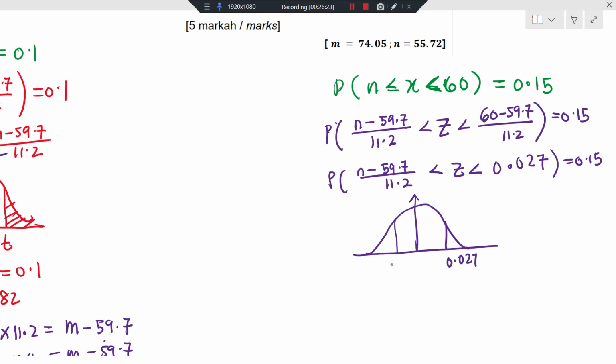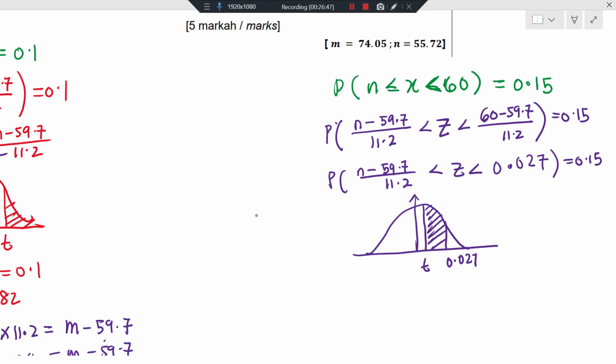If I represent t here as negative t, it will be a very big area, more than 0.5 definitely, but the given answer is 0.15. So maybe I put my t as positive around here, because it's a very small area.